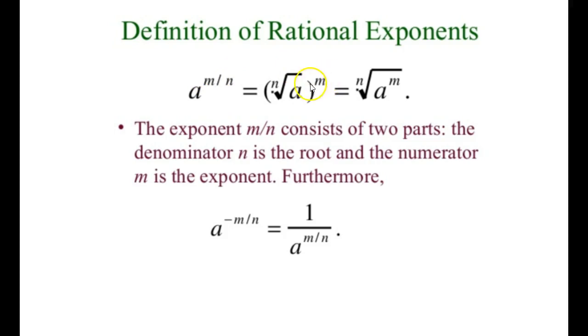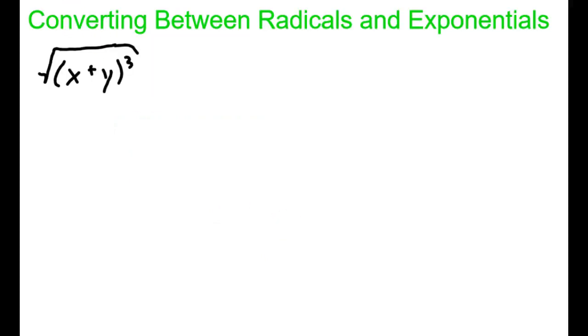Or we can take this outside power, bring it in, and apply it to the a factor right away. The only difference, if we have a negative, recall from previous algebra classes, to make that positive, we have to take the reciprocal, so 1 over a raised to the m divided by n power. In these next few examples, we want to convert between radicals and exponentials.